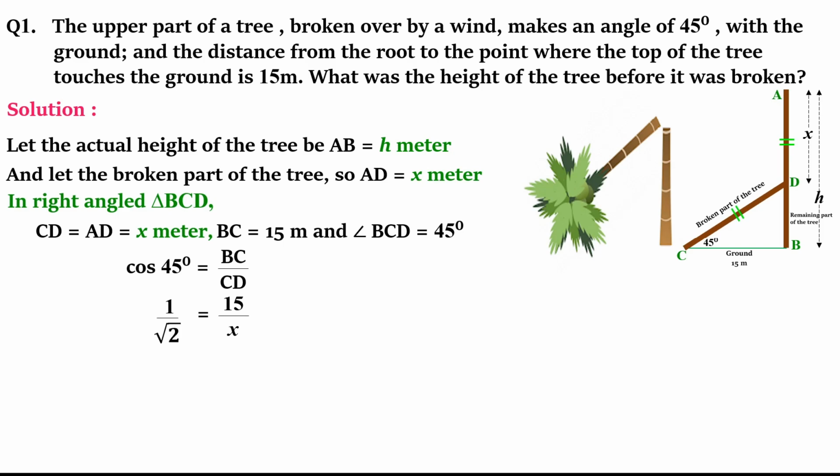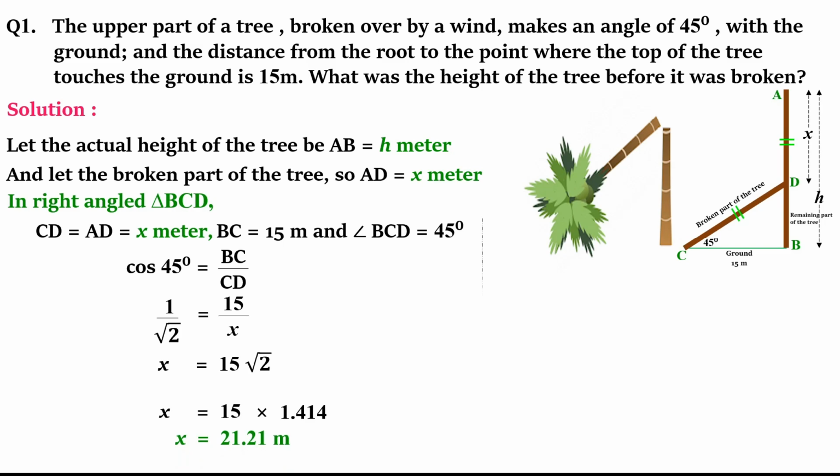We will not use trigonometrical tables. And BC is given as 15. CD is taken as x because CD is equal to AD and AD is x. Now from here we will work out the value of x as 15 root 2, and let's substitute the value of root 2 also, 1.414, and here we have the value of x as 21.21 meter.